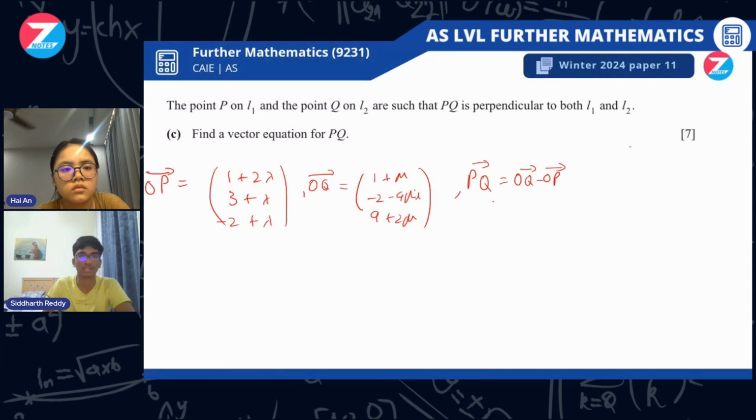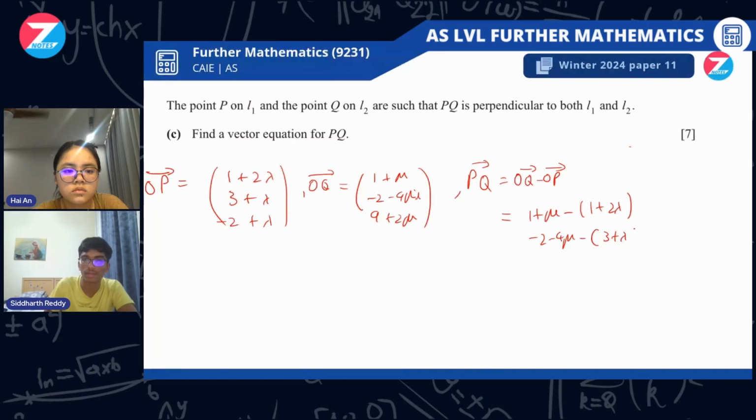So that's the first thing. The direction vector of PQ will be equal to OQ minus OP. So we can write this as: 1 plus mu minus 1 plus 2 lambda, minus 2 minus 4 mu minus 3 plus lambda, and 9 plus 2 mu minus lambda minus 2.